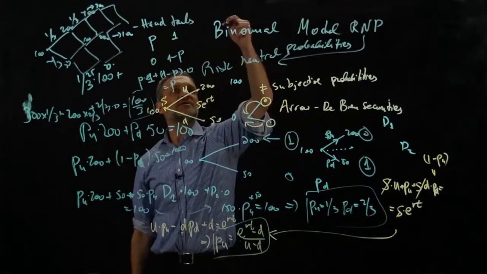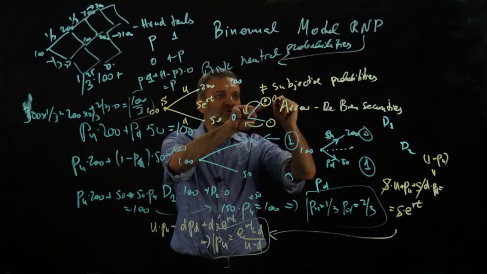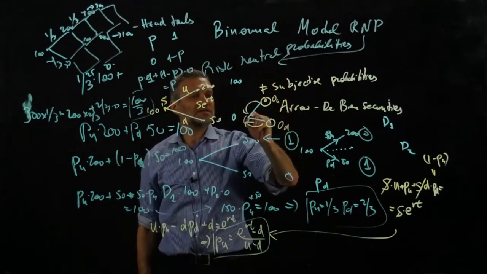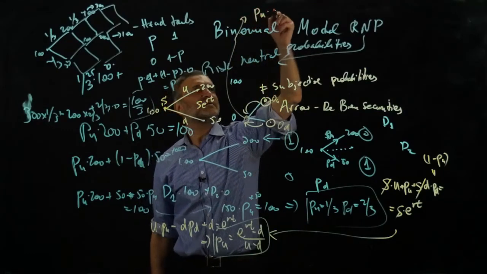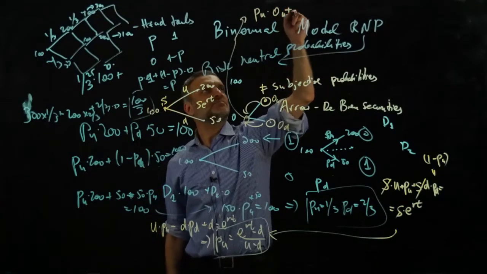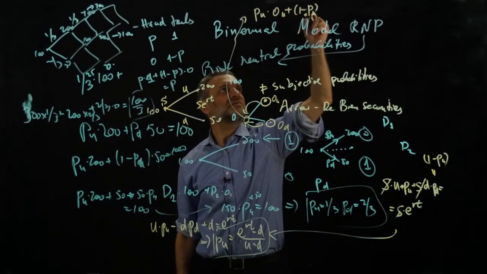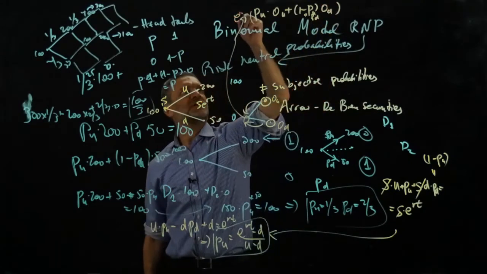So the formula, let's say you have here a price of the option OU, option up, and here option down. The formula for this node is going to be basically PU times option U plus 1 minus PU, or PD, times option D, and then you want to discount back by e to the minus RT.